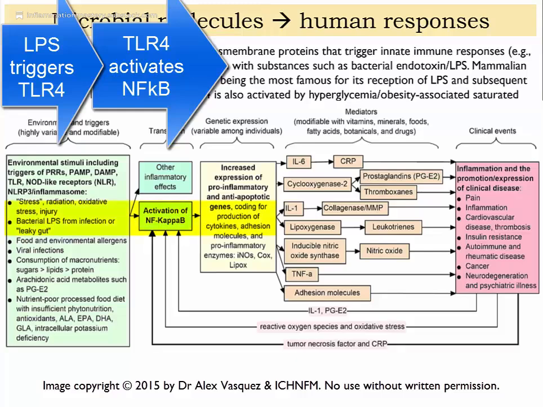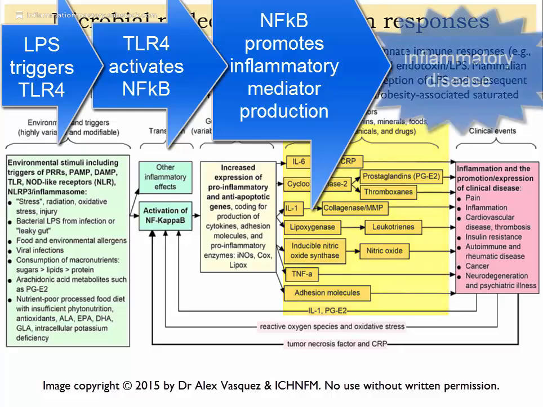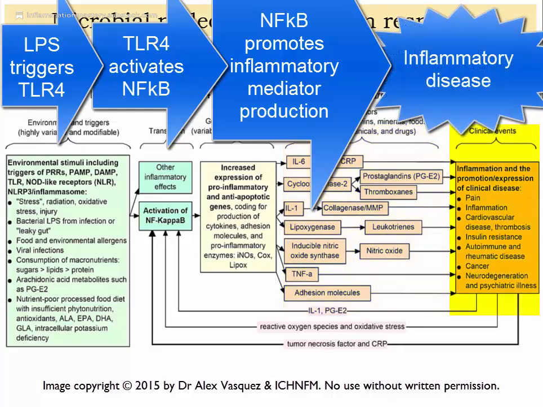NF-kappa B then translocates from the cytoplasm into the nucleus, changes gene expression by direct binding onto DNA, and from there we see the elaboration of an excessive or increased level of inflammatory mediators, and those inflammatory mediators then contribute to clinical disease.